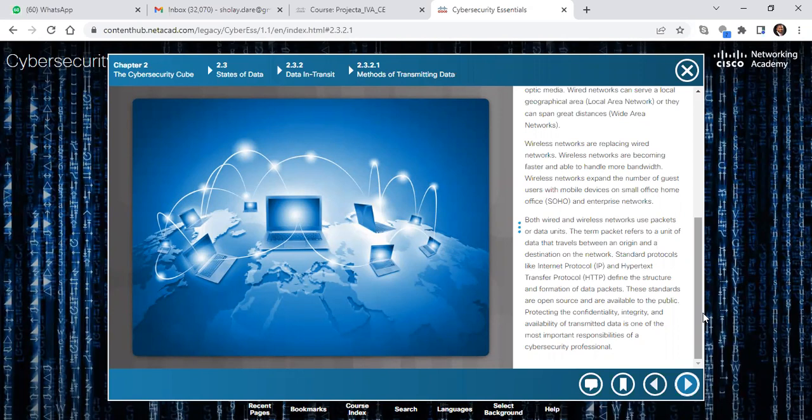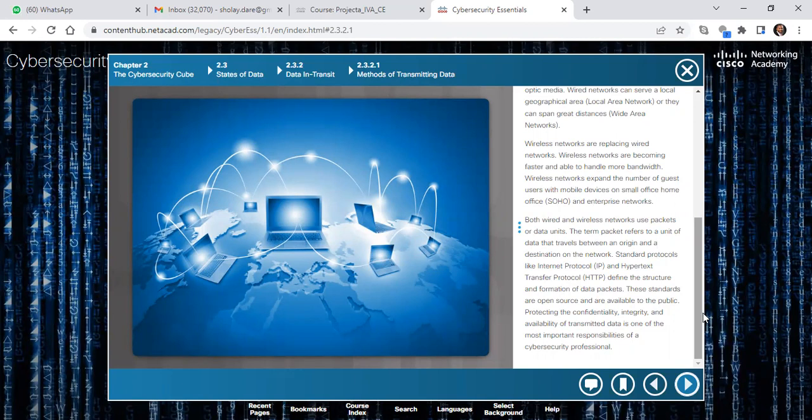Protecting the confidentiality, integrity, and availability of transmitted data is one of the most important responsibilities of a cybersecurity professional.